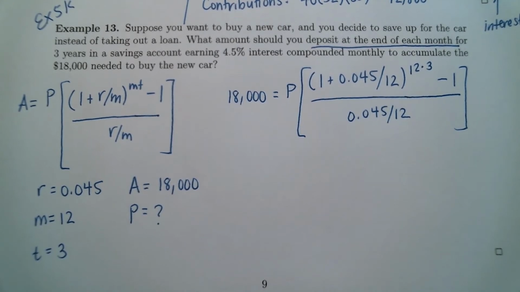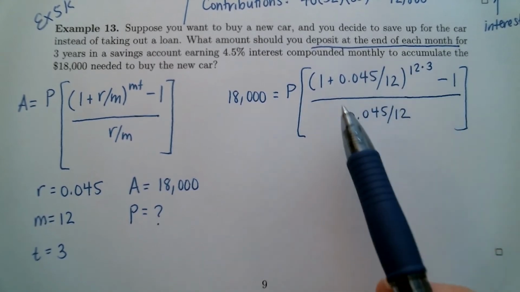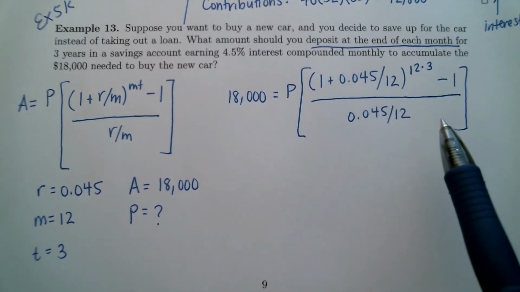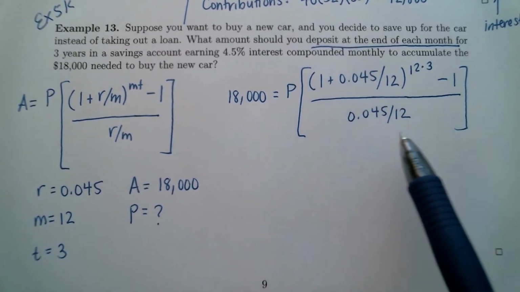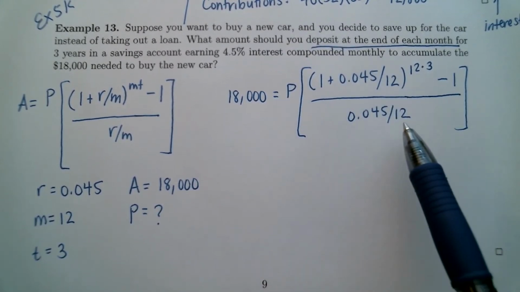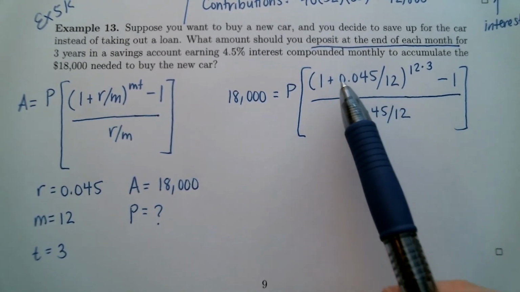To solve this for P, on the right side, P is multiplied by this huge quantity that's in brackets. So we're going to figure out what this big blob in brackets is. Inside the brackets, it looks very complicated.